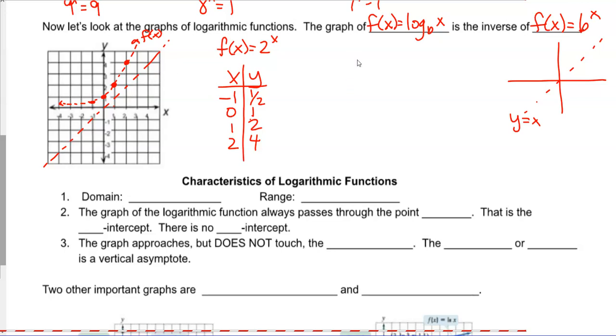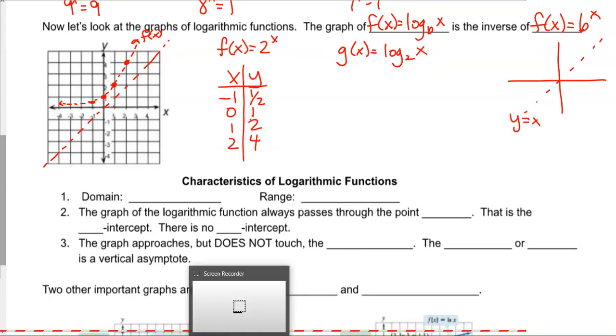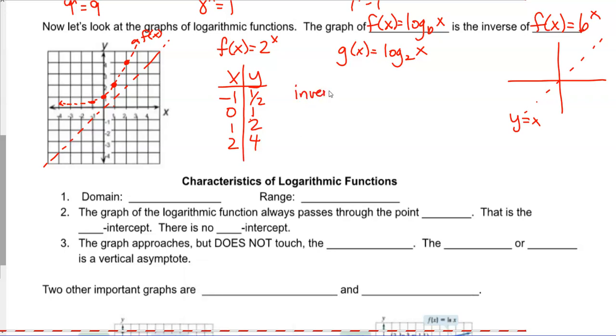So let's see if we can put some numbers on our log function. The corresponding log function to 2 to the x is going to be log base 2 of x. Now, if you recall, they are inverses, so they have reversed points.